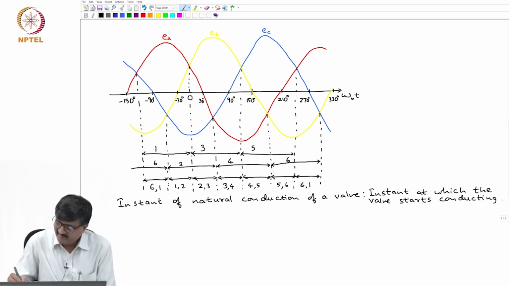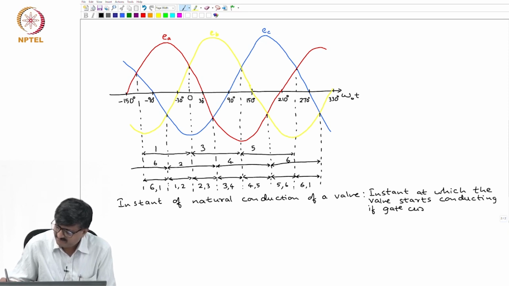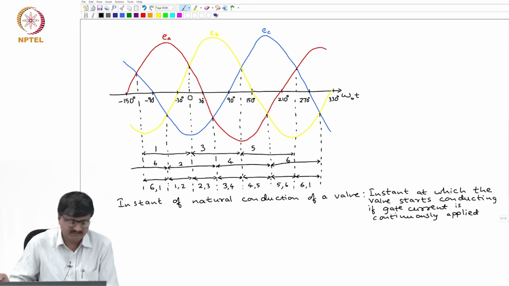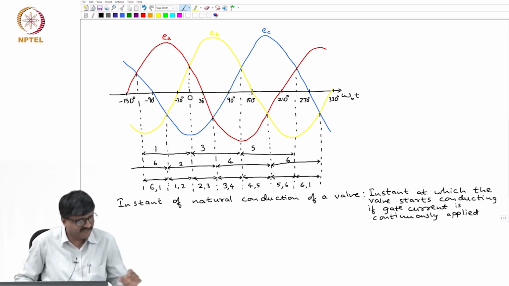Okay. So, if gate current is continuously applied, that is the definition of the instant of natural conduction of a valve.